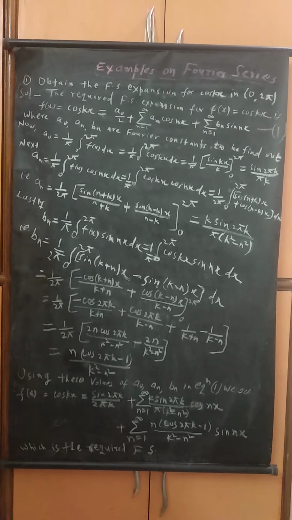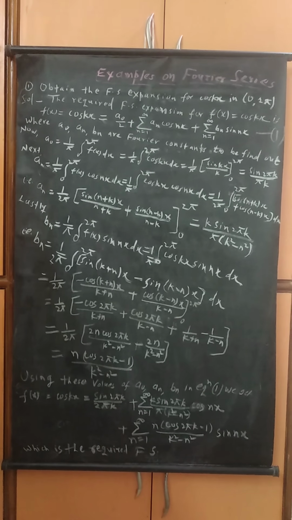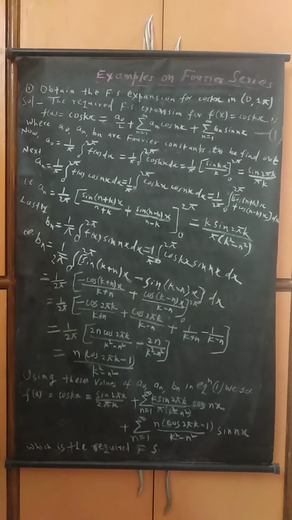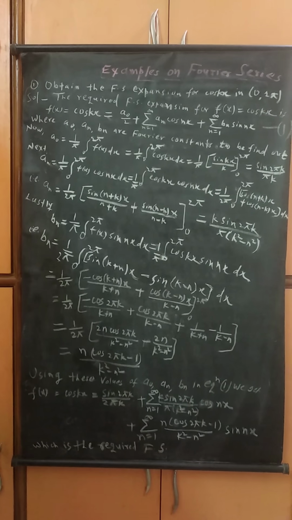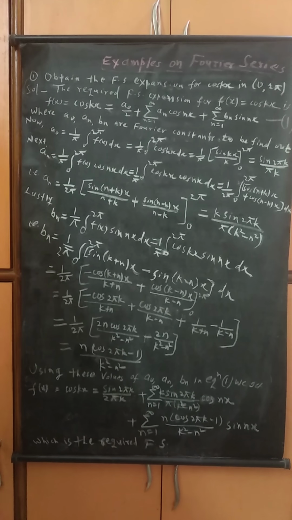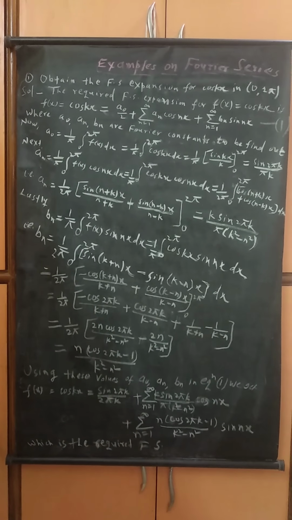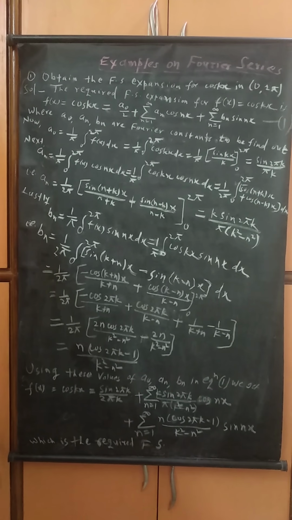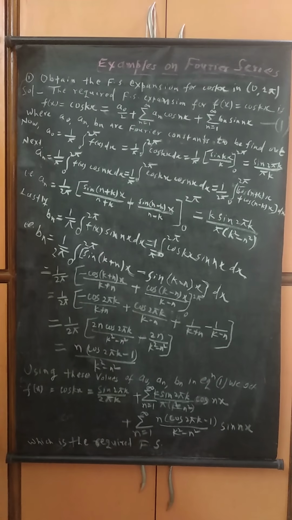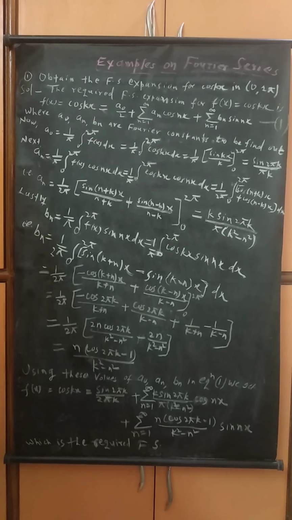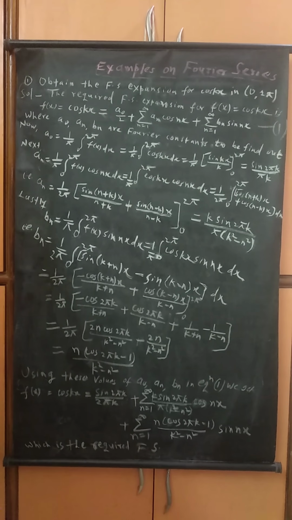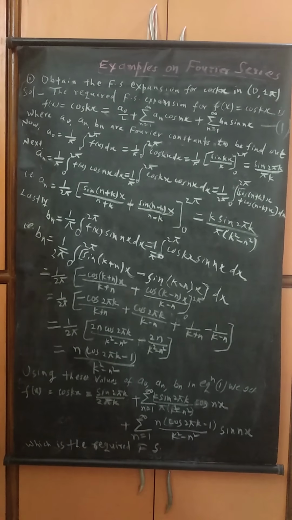Putting in the upper and lower limits, we get an as k sin(2 pi k) divided by pi (k square minus n square).